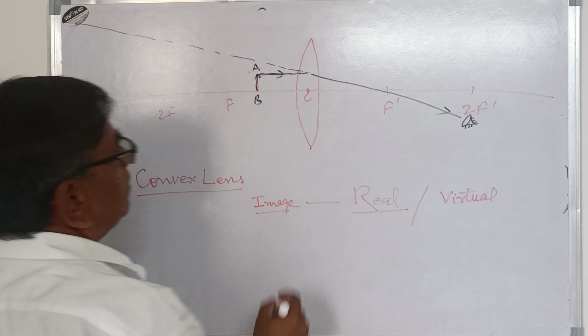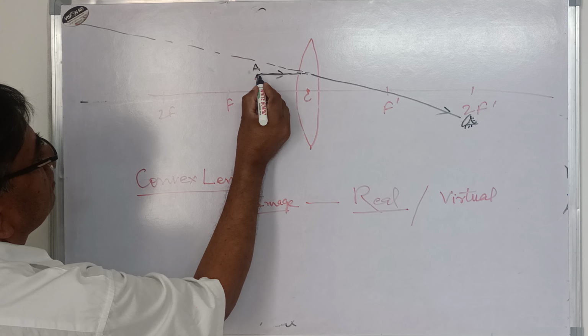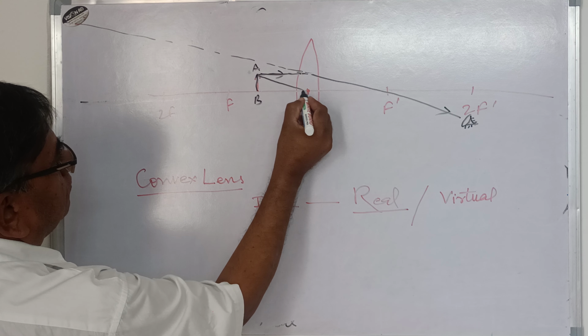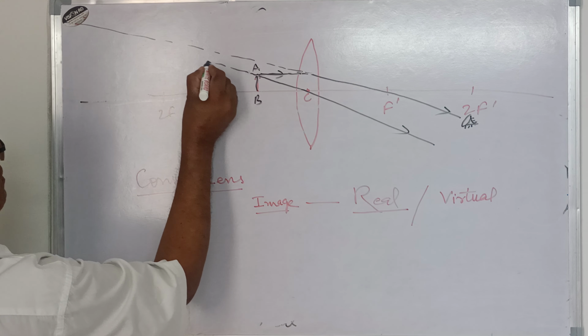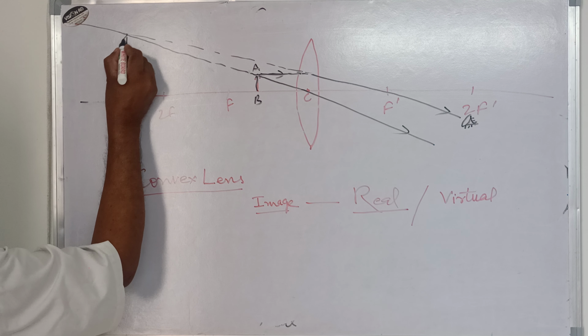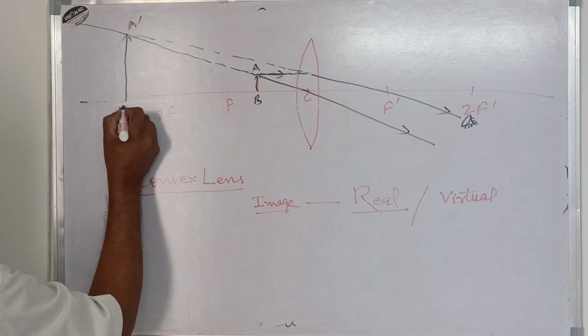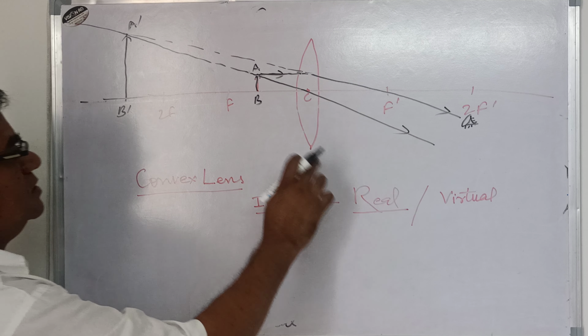When you see from here, and the other ray you can take undeviated. You will extend back, it will meet here, and this A dash B dash will be the image. Since rays don't actually cut, they seem to cut.